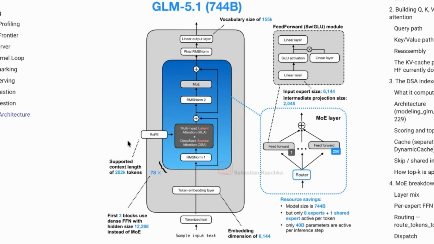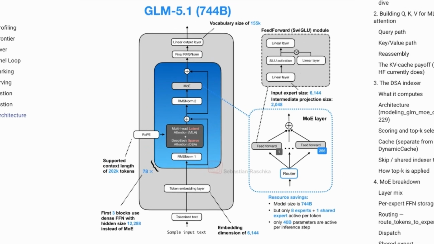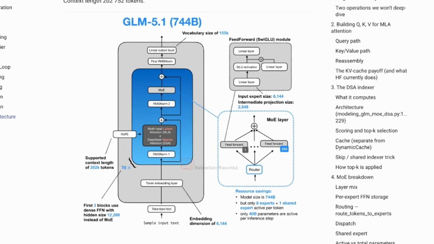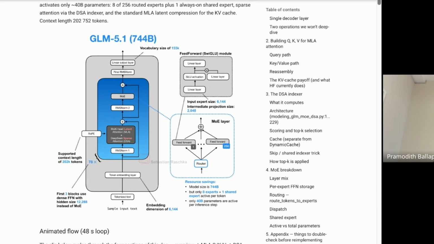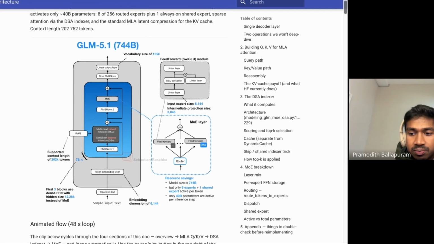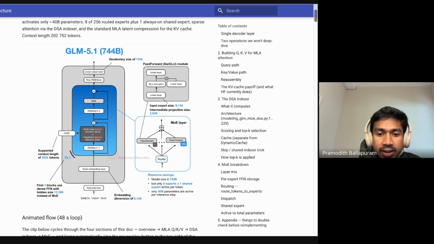One thing that's not highlighted in this specific image is that RoPE is broken down into partial RoPE. What that means is the internal hidden dimension size of your QKV tensors is 256, but the first 192 dimensions don't go through any RoPE operation, and only the last 64 dimensions go through RoPE.